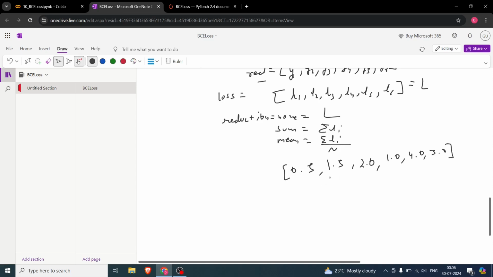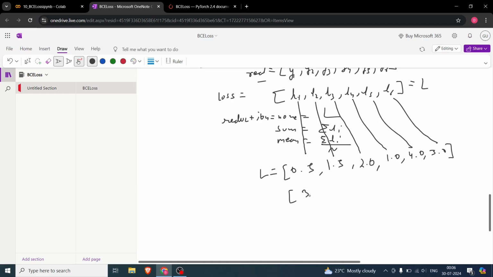This is what we have assumed, and this is our L vector: L1 is over here, L2 is over here, L3, L4, L5 and L6 follow. Let's say our weight vector also need not be any kind of probability distribution or anything. It can be anything.